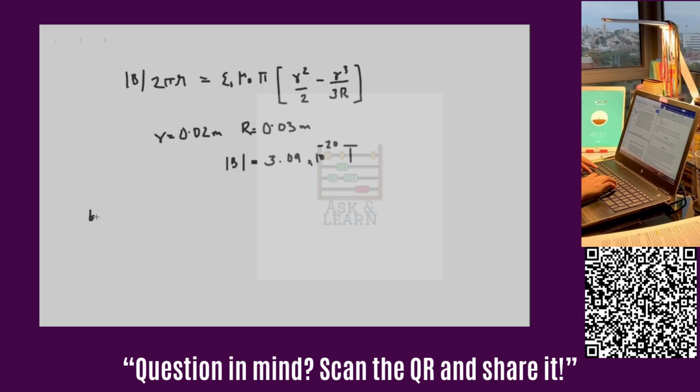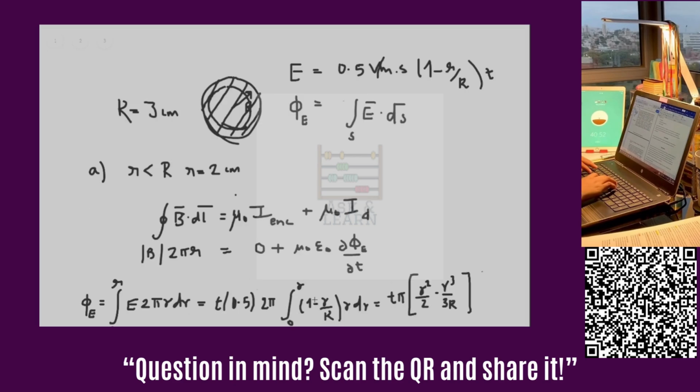Next we do the same calculation for the other part, which is r equal to 5 centimeters here. Now this case is when r is greater than capital R. The only difference which we will have is this.